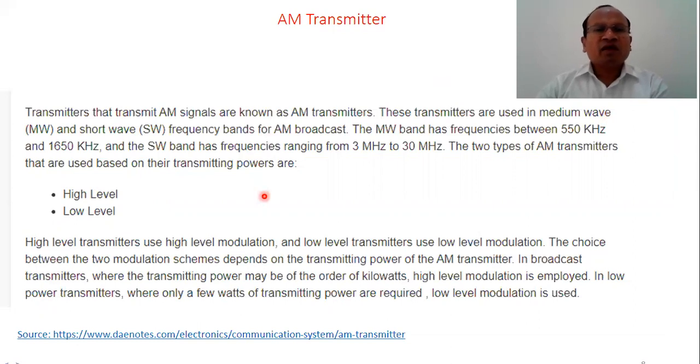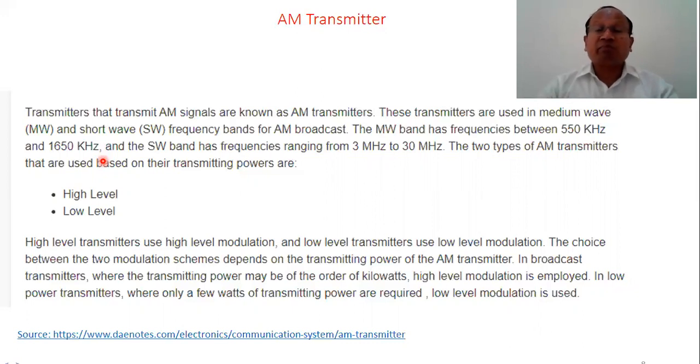Now, as we have discussed, AM transmitters are used for transmitting AM signal, but they are actually used particularly in special types of transmission, medium wave, MW, and short wave. Medium wave and short wave are the frequency bands of AM broadcast. AM broadcast is popularly known especially as medium wave. 550 kilohertz to 1650 kilohertz is actually the range which is called medium wave.